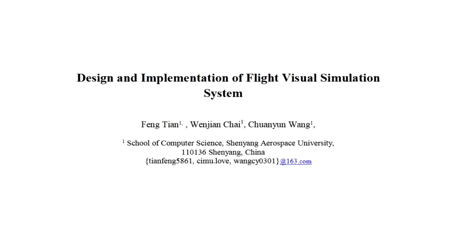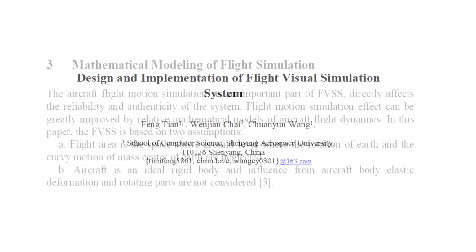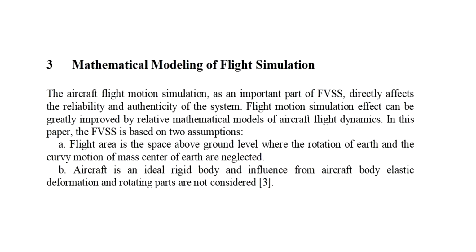48. In a document published by the Chinese College of Aerospace Science and Engineering in 2012 titled "Design and Implementation of Flight Visual Simulation System," researchers attempted to construct a 3D flight simulation model controlled by real-time calculations. In their mathematical modeling for the flight simulator, they admit that their equations were greatly improved by basing their math on a stationary plane Earth.